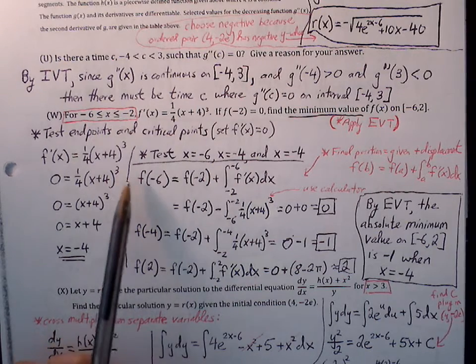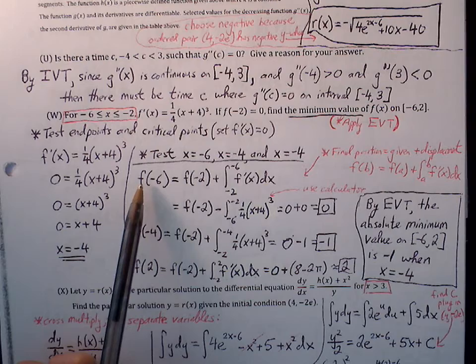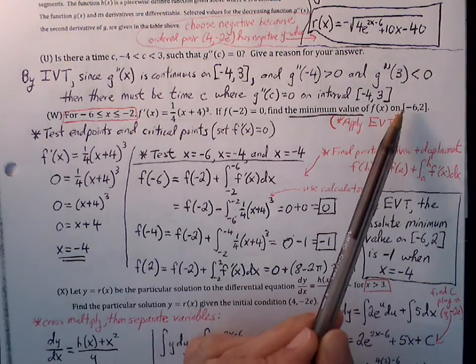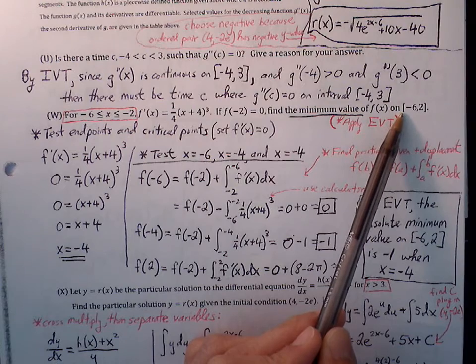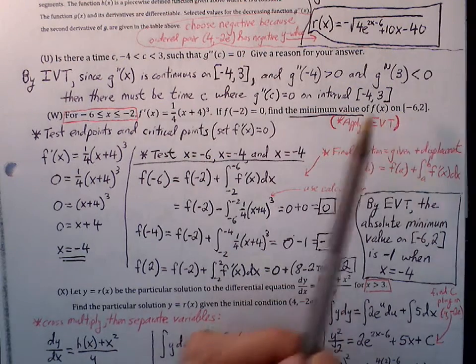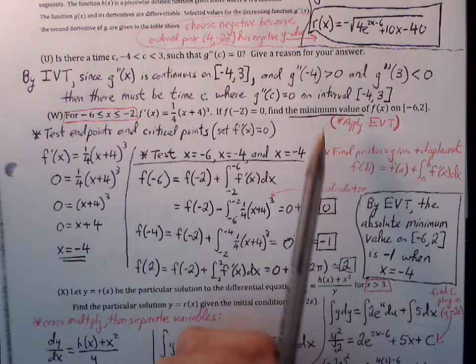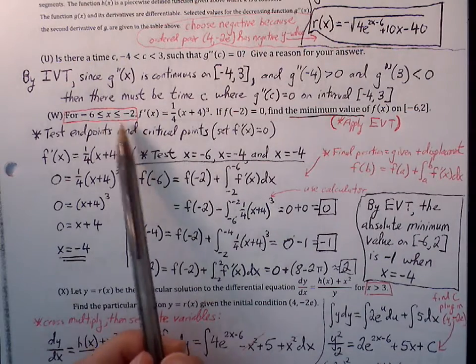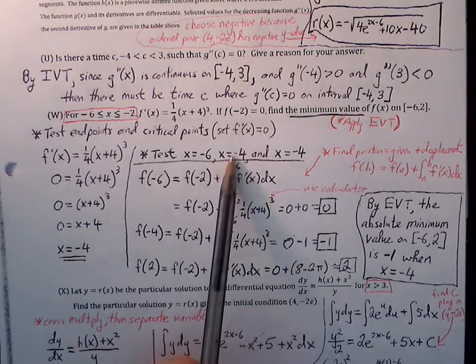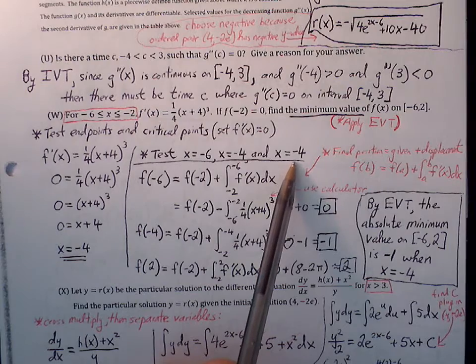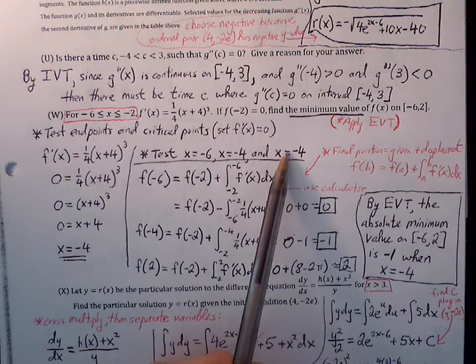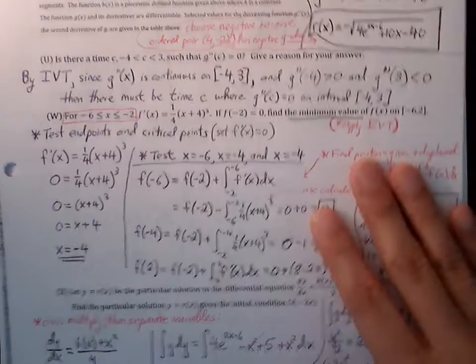So we're going all the way to positive 2 here. So we know we have to test negative 6. We have to test critical points, and we have to test 2. So I think I need to make the change there. That should read a 2.